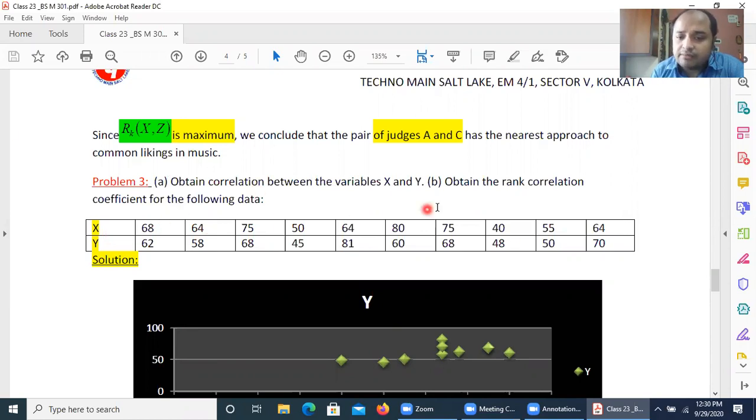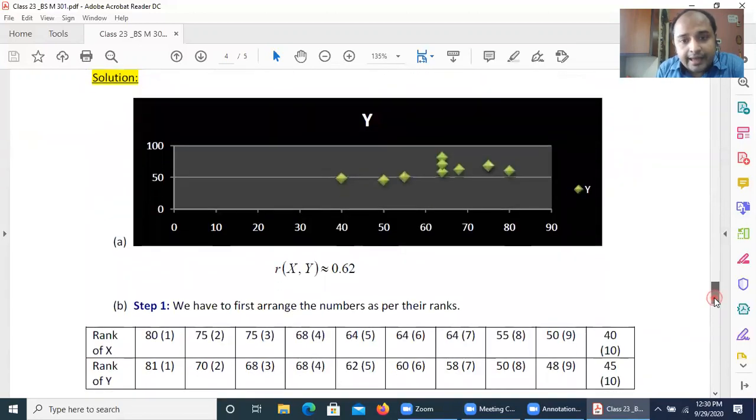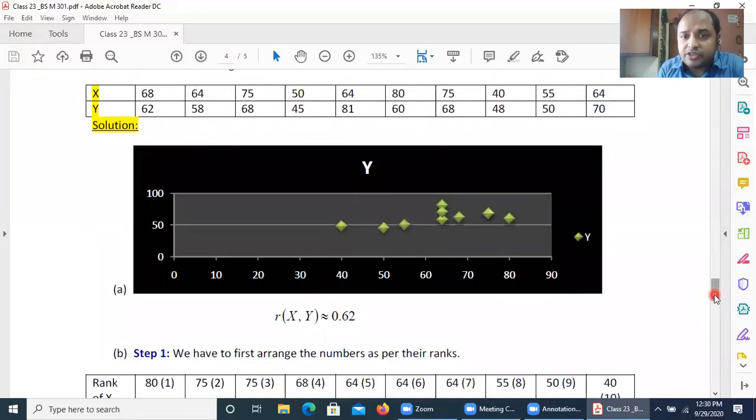We consider the marks together and put the scatter diagram, trying to guess the linear relationship between the two items. After that we calculate Karl Pearson's correlation coefficient between the marks, and we get nearly 0.62, a moderate positive correlation.